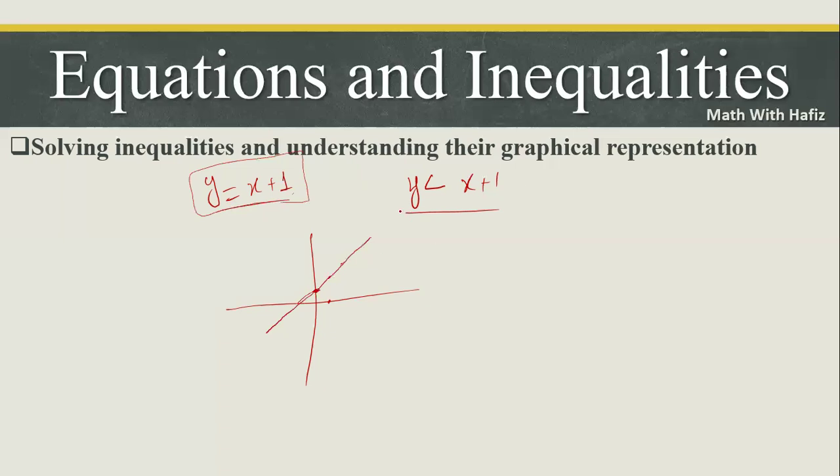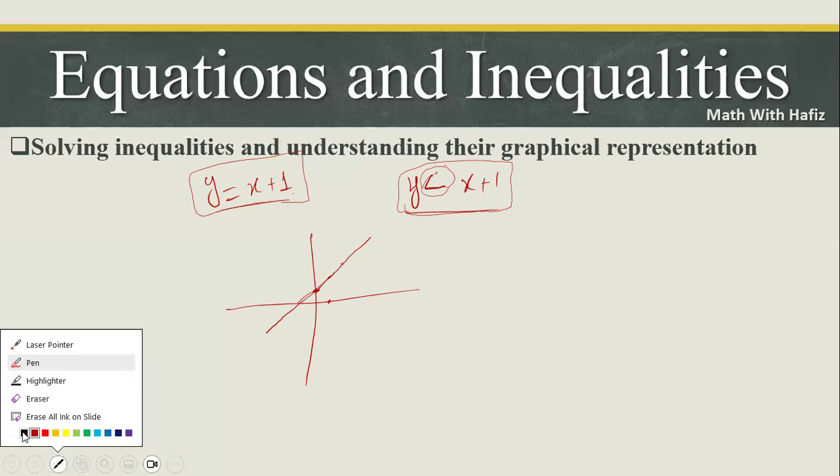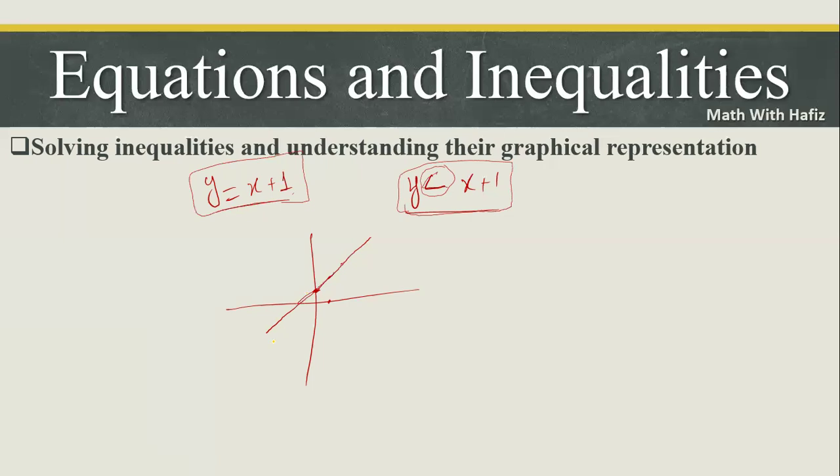Now, if you are talking about an inequality, the graph for the inequality depends on the sign. Till this point, this is the initial graph for this inequality, but it is mentioned the value of y is less than x plus 1. So all the values which are less than this line in y, meaning all the area under this line, is the solution, all the yellow part which I'm shading under this graph.